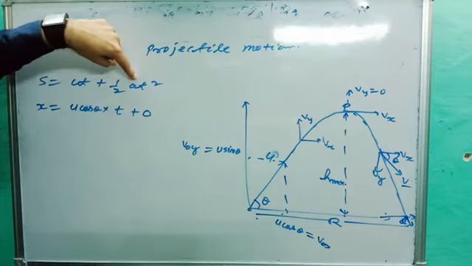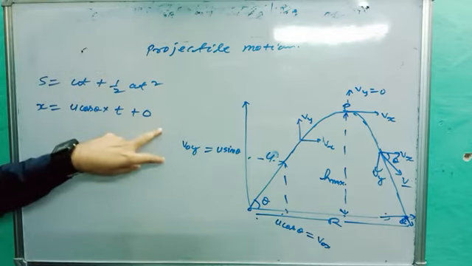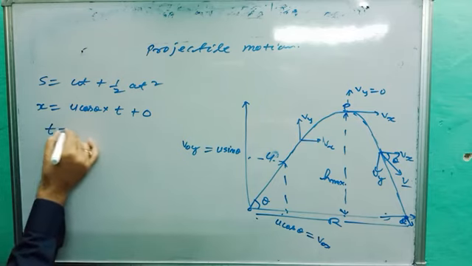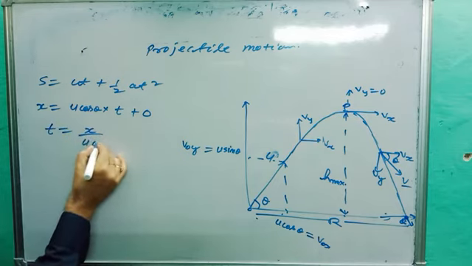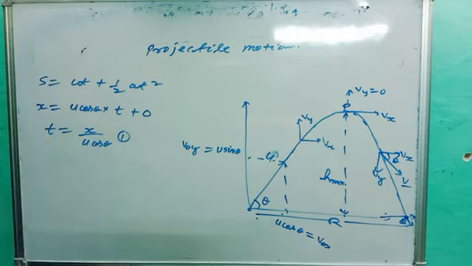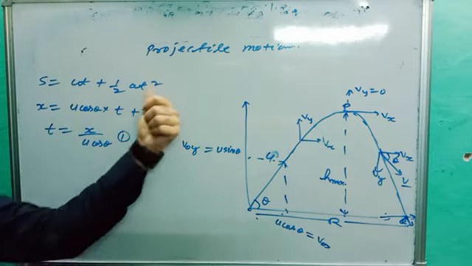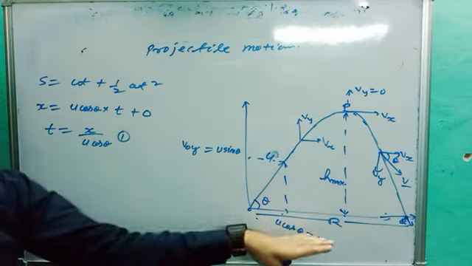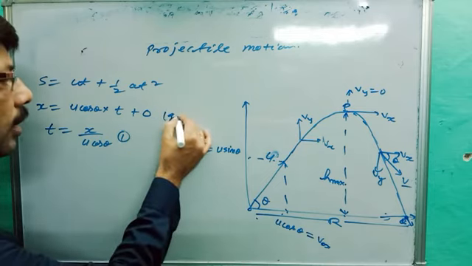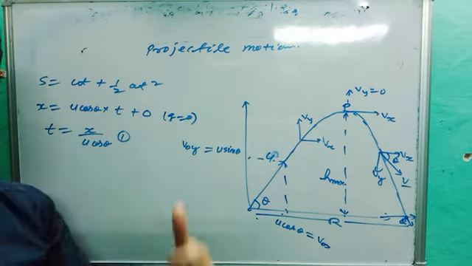You better know in the x component g is 0, so the g t square term becomes 0. So time is equal to x upon u cos theta, equation number one. In the y component g will work.